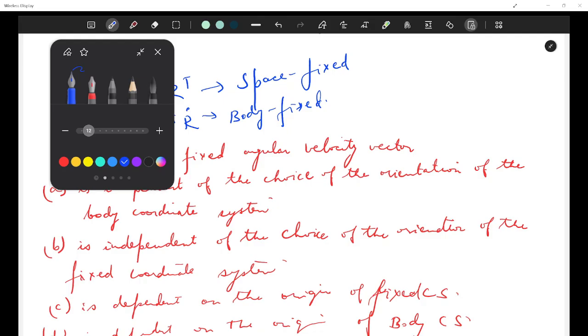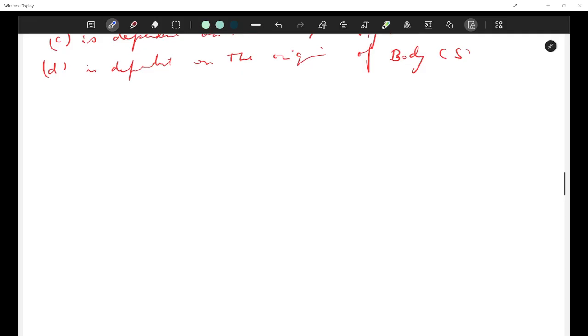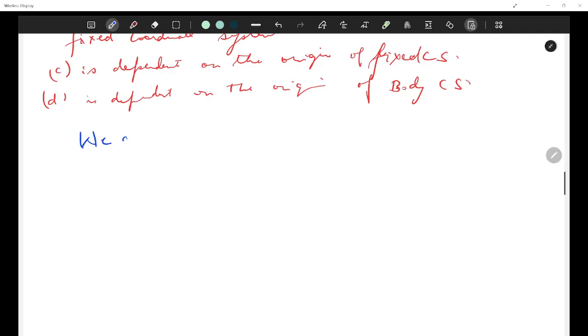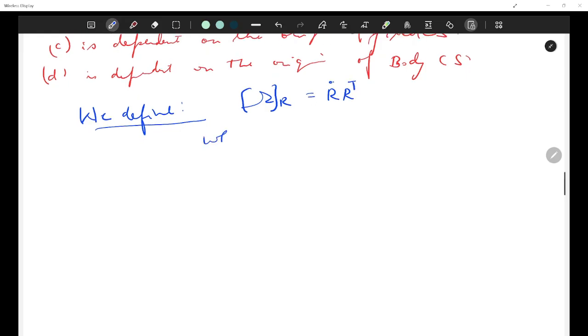Should I derive it, or would you derive it yourselves? I think I'll do it for you. So let's say we define omega as r dot r transpose, where r is the rotation matrix.